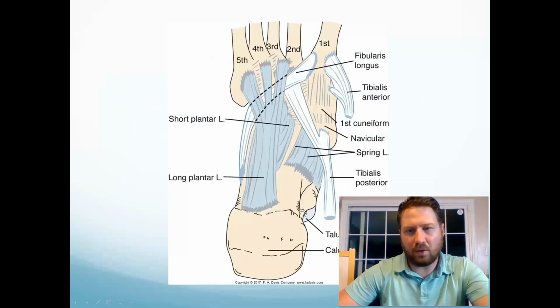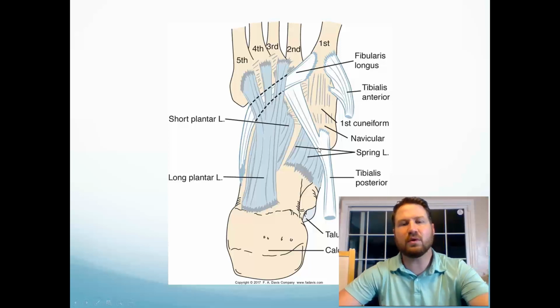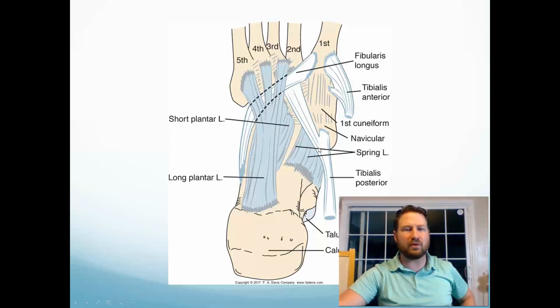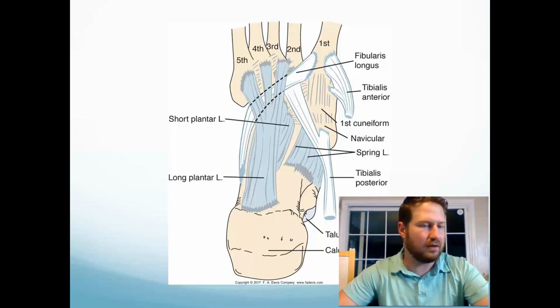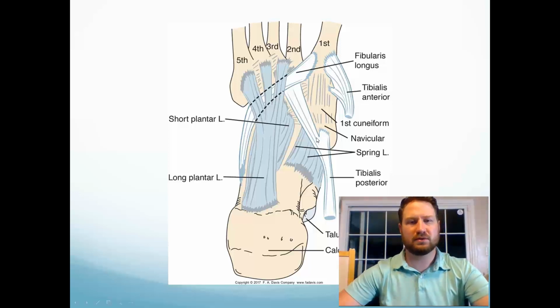Okay? So our posterior tib, you can see the insertion of that as it wraps around our sustentaculum tali. Okay? It's going to now come in and can dynamically stabilize. Okay? If you were to observe someone who has flat feet, Omar, I'm talking to you, big guy. Okay?